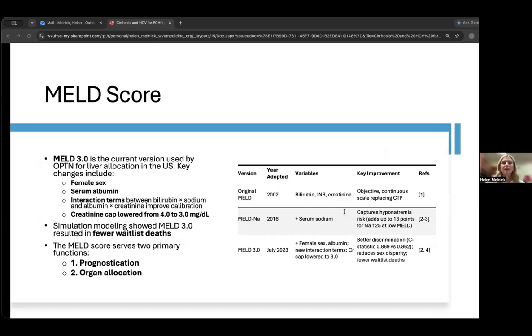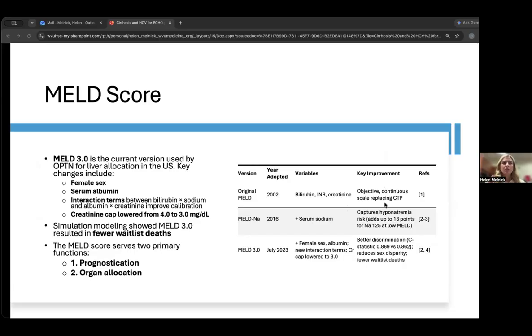And then the creatinine cap was lowered from 4.0 to 3.0, reducing overestimation of kidney dysfunction, especially in patients with low muscle mass. Simulation modeling shows that the MELD 3.0 slightly reduces waitlist deaths compared with the previous MELD. So that's huge, especially, we're saving lives just by using a better tool to keep an eye on this stuff.